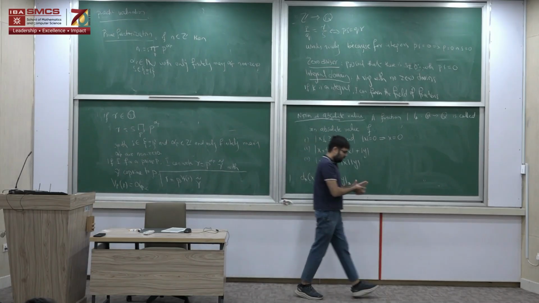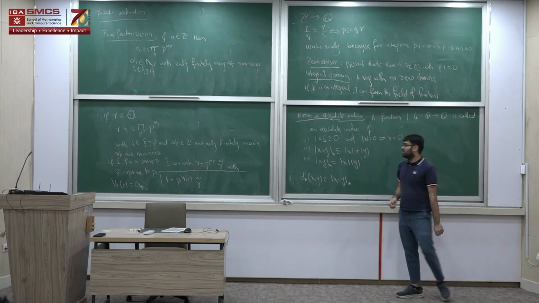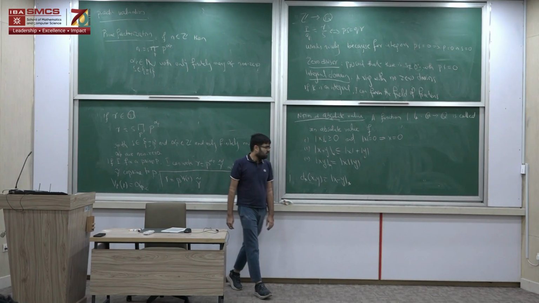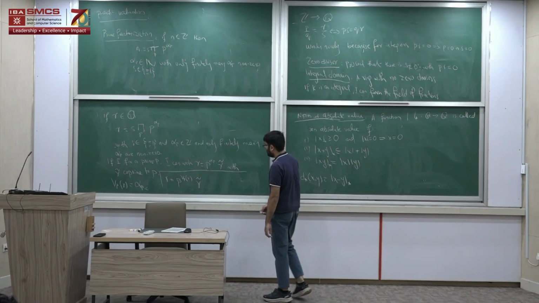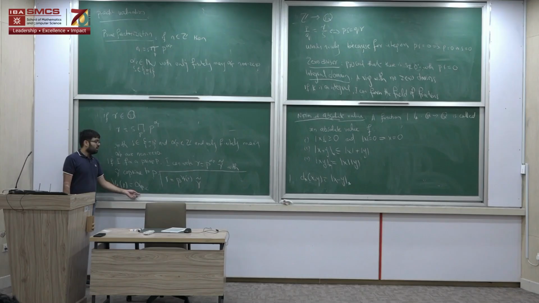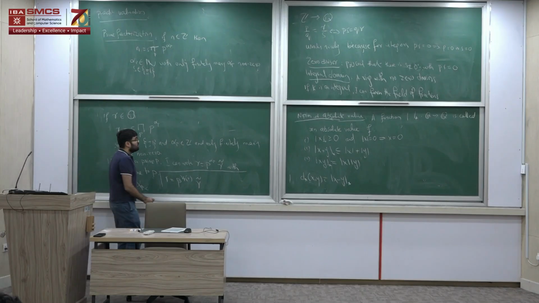And we will define the distance using this p-adic valuation. But before that, I need to extend it slightly, in the sense that right now this is an integer. What I will say is this.